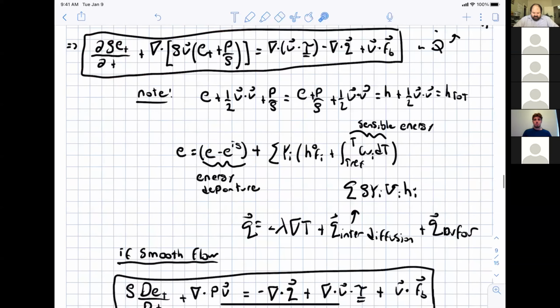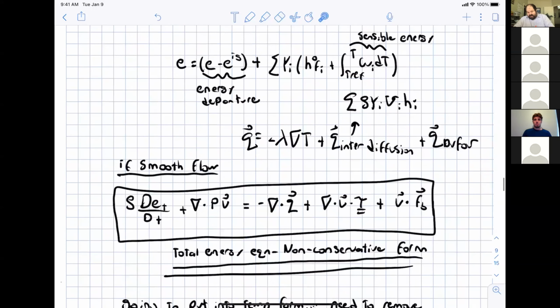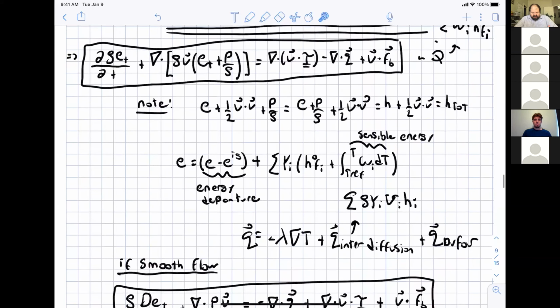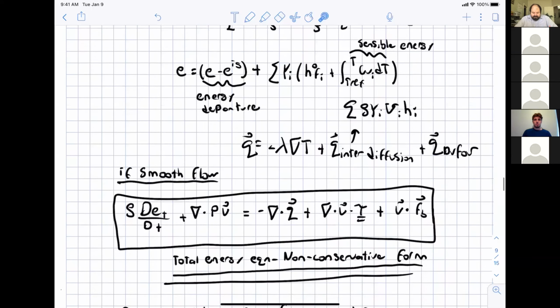Whereas if you use the so-called non-conservative form, that is not the case. There are various modeling and numerical reasons for that, and if this was a course in numerical combustion, I would discuss those in more detail. But if your flow is smooth and you don't have shock waves, then there is essentially no difference between these two equations here.